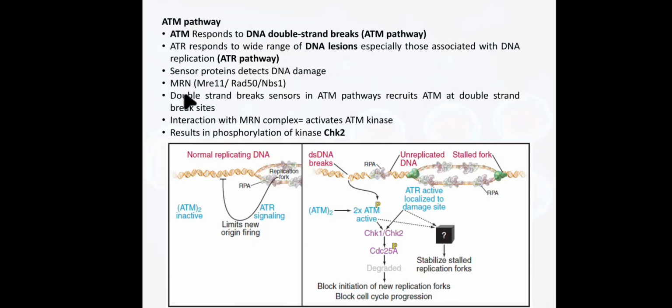Double-strand break sensors in the ATM pathway recruit ATM at double-strand break sites, and interaction with the MRN complex activates ATM kinase, resulting in phosphorylation of the kinase CHK2. See here, the double-stranded break where ATM is recruited by MRN, and then that phosphorylates CHK2.